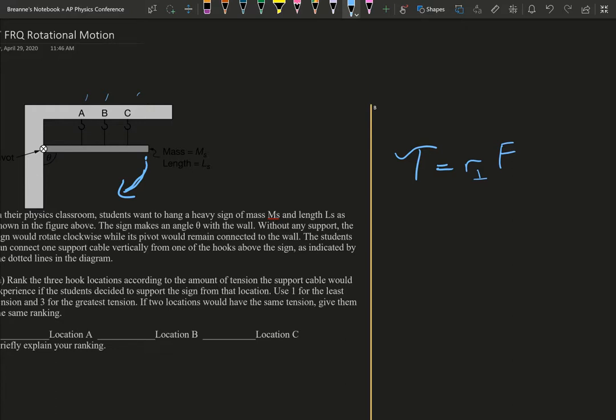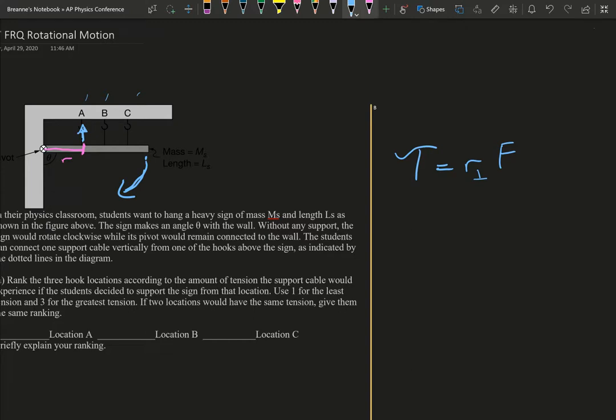So if we think about what r is, it's just the distance from your pivot point to whatever you're going. So that would be your r. In this case, we do have a force of gravity going down, but the force we're talking about is the force going up. That would be our force of tension.